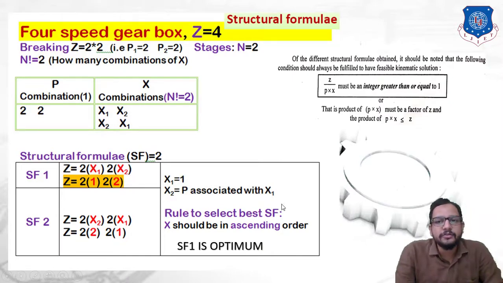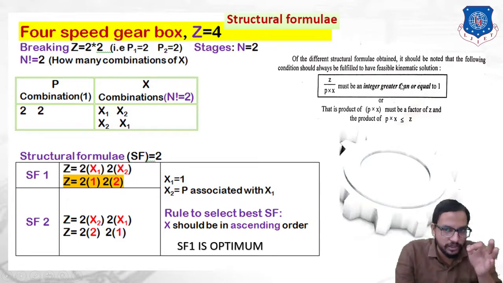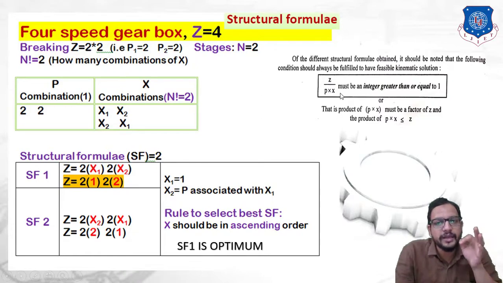Now of the different structural formulas obtained, the following conditions should always be fulfilled to have a feasible kinematic solution. That is, z upon p into x must be an integer greater than or equal to 1. Here z is 4, so 4 upon p into x. In the first structural formula, p into x means 2 into 1, so it is obviously greater than 1.